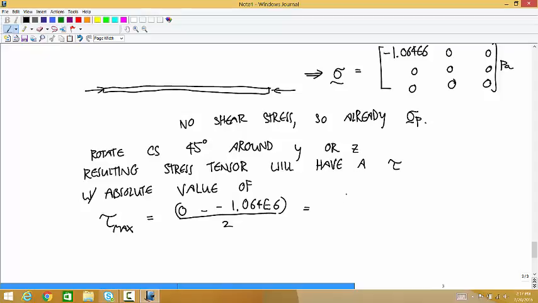And so that's 0.532 times 10 to the 6 pascals.